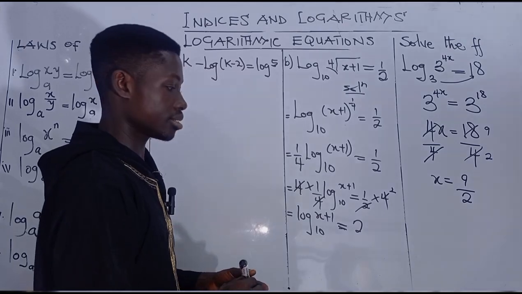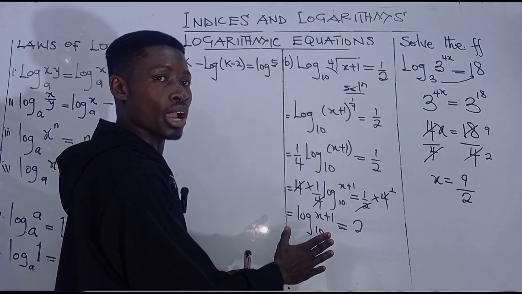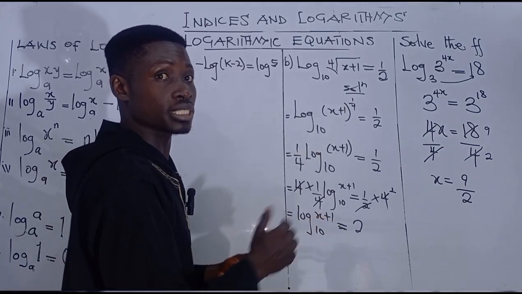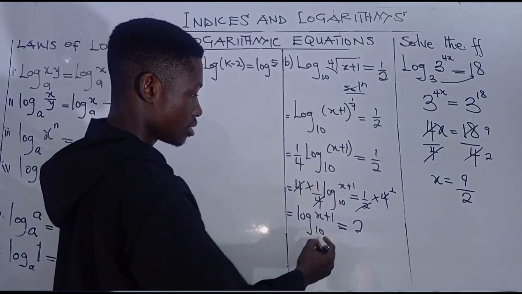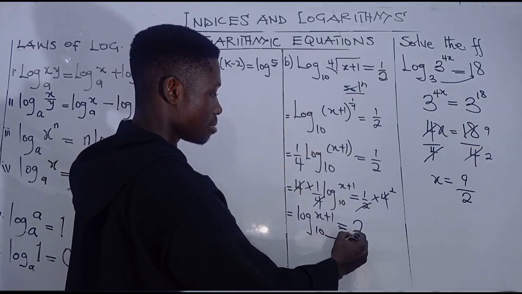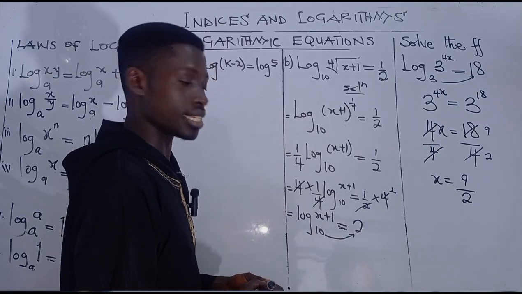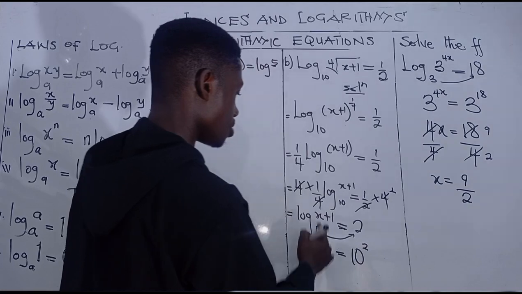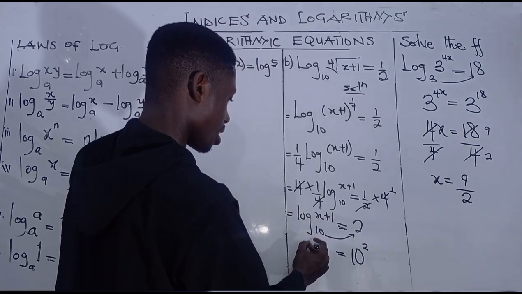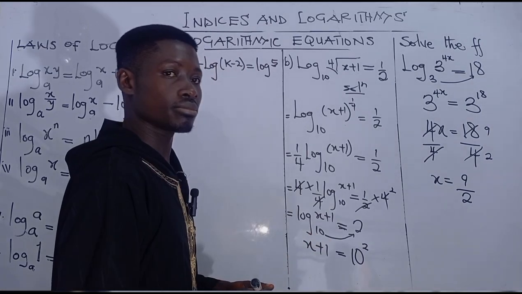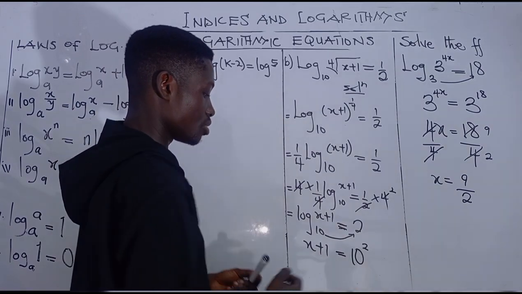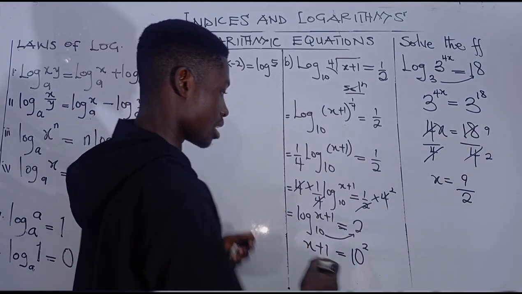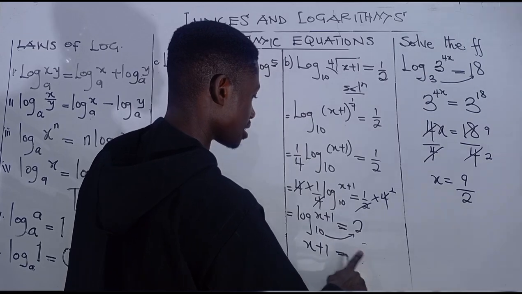Now from here, we can convert this logarithmic equation into an exponential equation. So the base of the logarithm will move and become the base of the index. So you will have 10 raised to the power of 2. We are left with x plus 1. We know that 10 raised to the power 2 will give us 100.